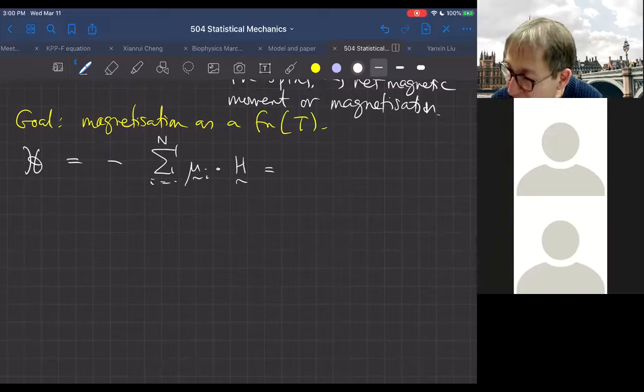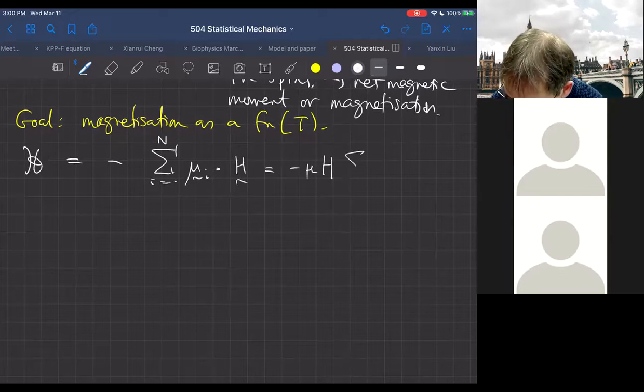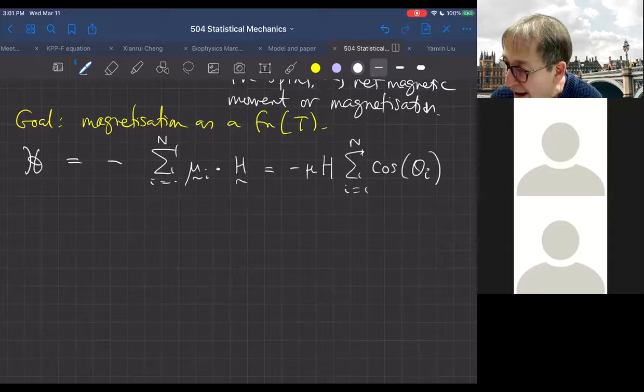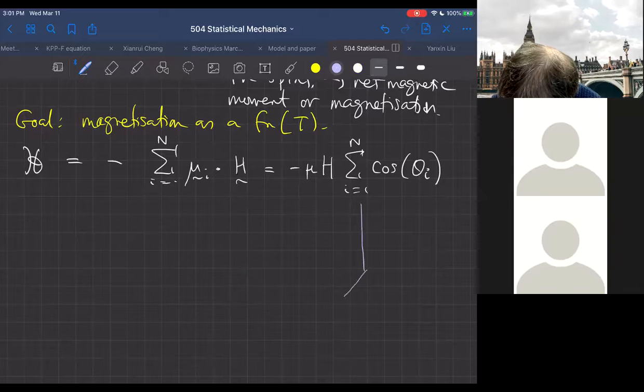So I can write this as minus mu times h times the sum from I equals 1 to n of cosine theta of I. And what is theta of I? Let me draw you a picture. Here are my polar coordinates.